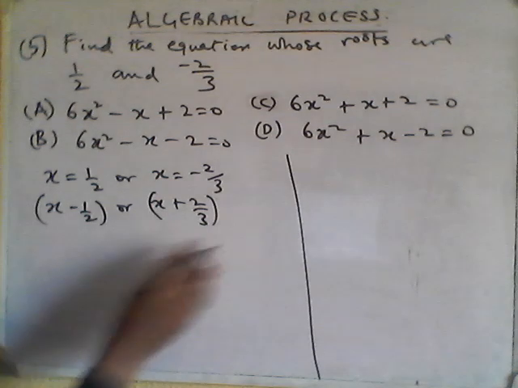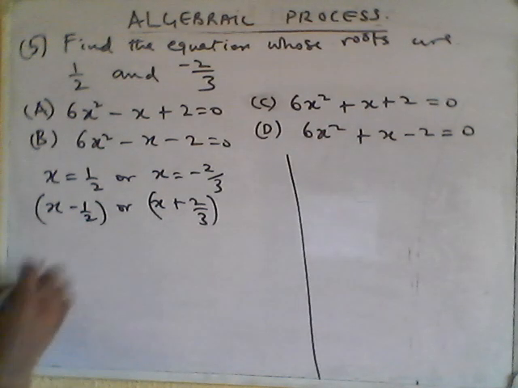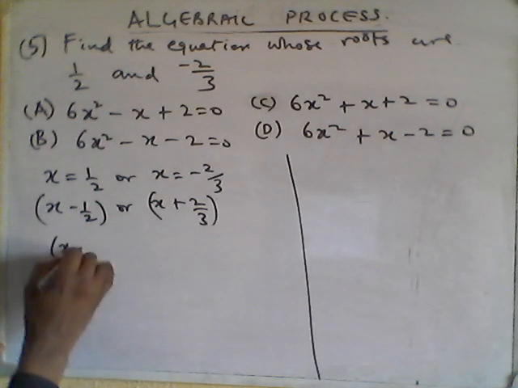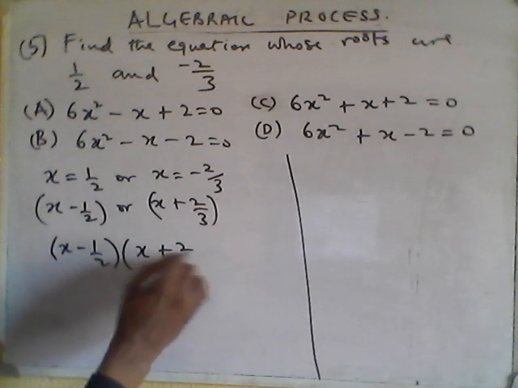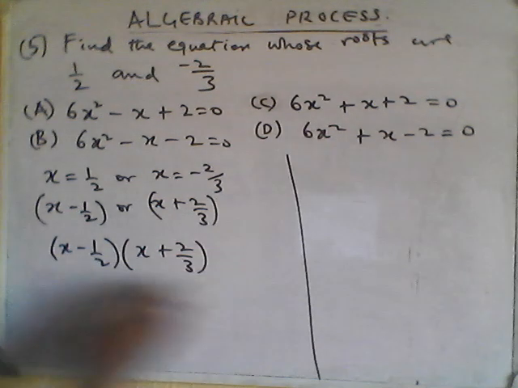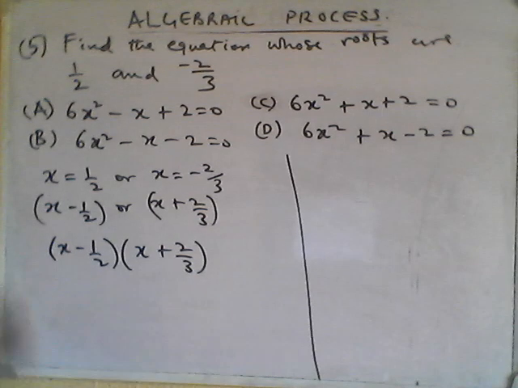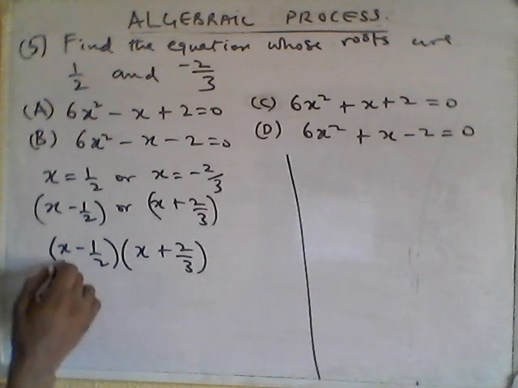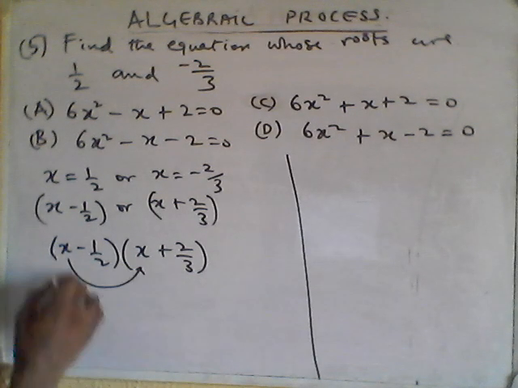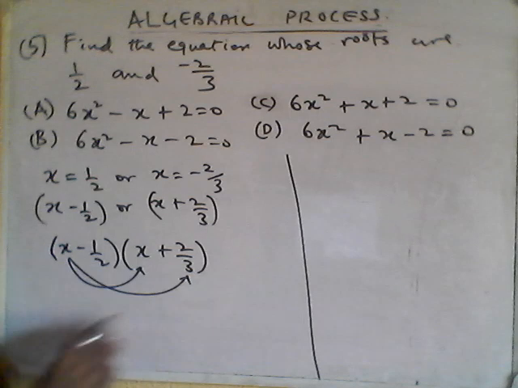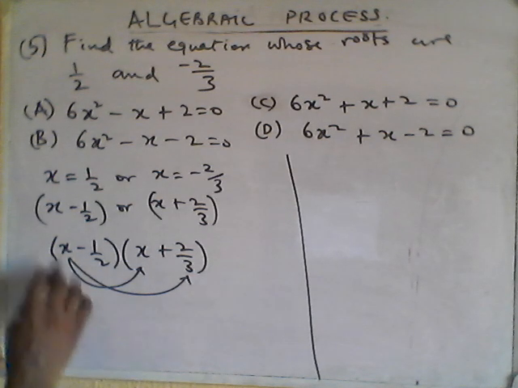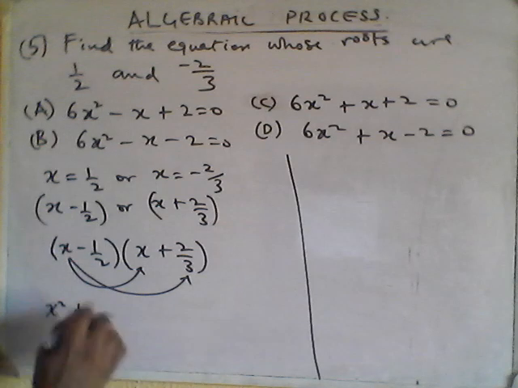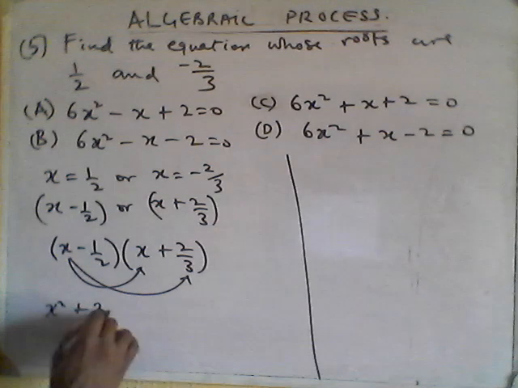So I'm going to multiply the two of them to get the equation. So I have x minus 1 over 2 times x plus 2 over 3. Now this is expansion again. You see how they are testing you. So I will multiply this by this in one instance, this by this in another instance. So x times x is x squared plus x times 2 over 3 is 2 over 3x.